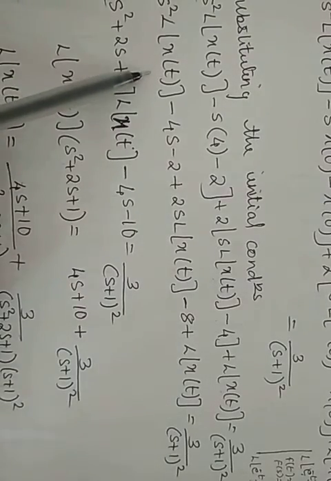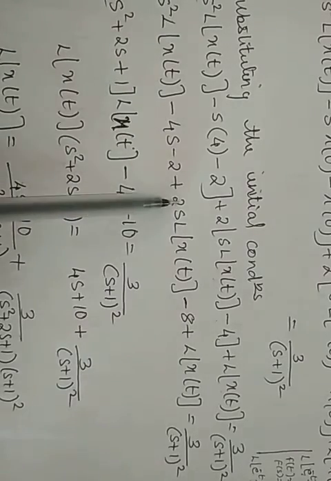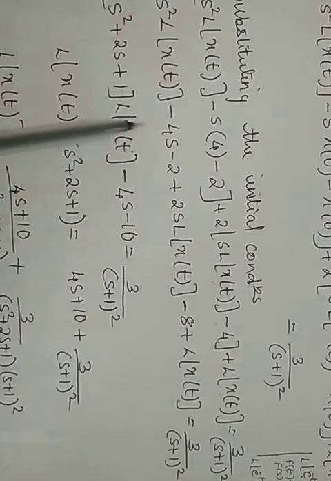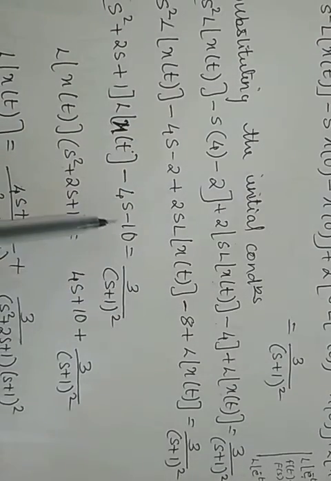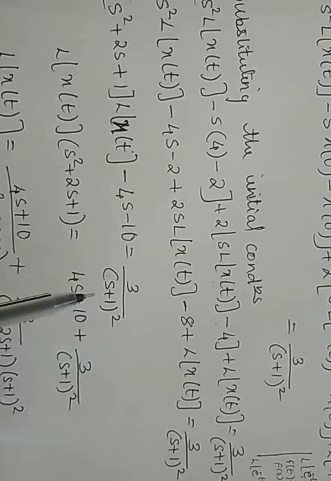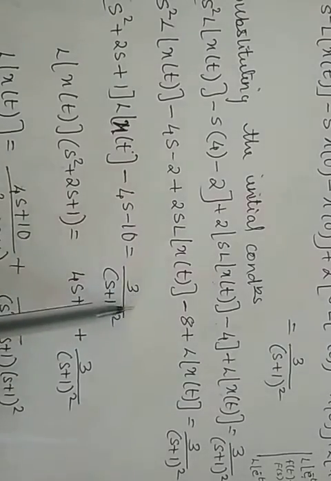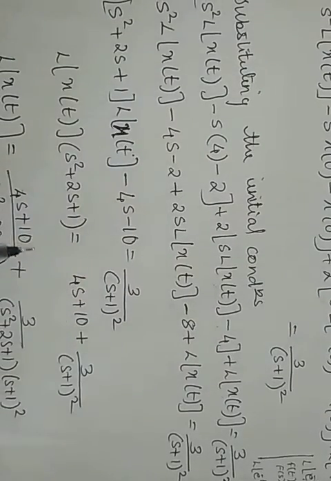Taking Laplace transform of x of t common, you will get s square plus 2s plus 1 into Laplace transform of x of t, and minus 4s minus 2 minus 8, which becomes minus 10, and this 3 upon s plus 1 the whole square will remain as it is. Shifting this term to this side, minus becomes plus.